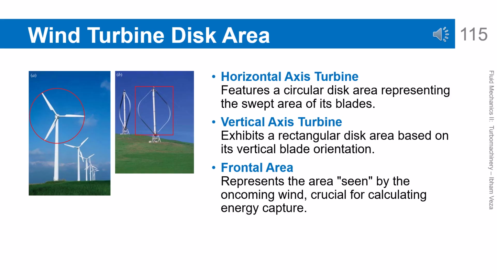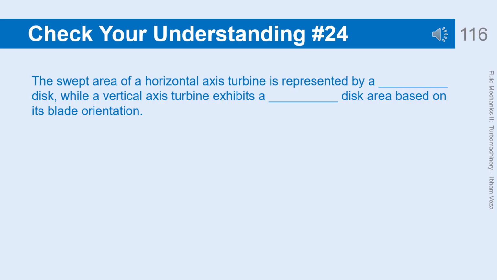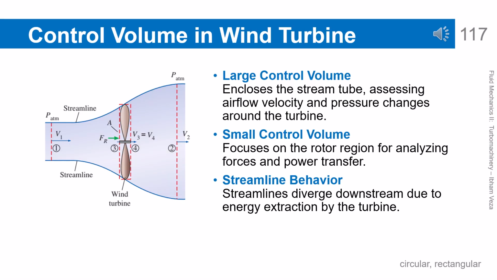This concept explains why rotor size strongly determines generating capacity. The swept area of a horizontal axis turbine is represented by a circular disc, while a vertical axis turbine exhibits a rectangular disc area based on its blade orientation.